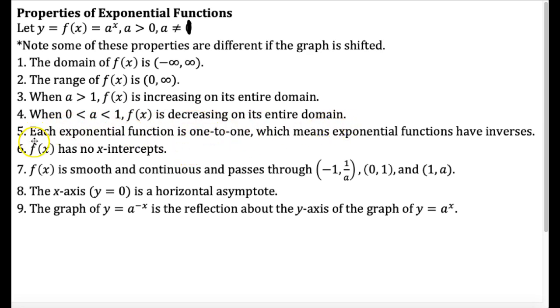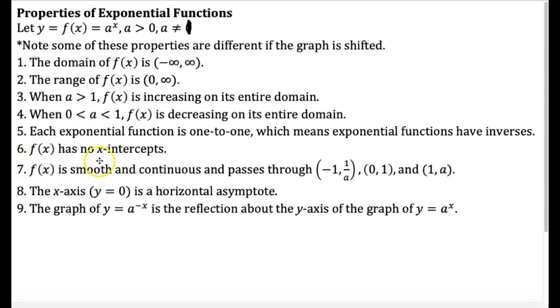Another interesting fact, which we will look into a lot this chapter, is exponential functions are one-to-one, which means they have inverses. The inverse of an exponential function is a logarithm, and we'll get into that in the next couple of sections. We'll explore the relationship between exponentials and logs.